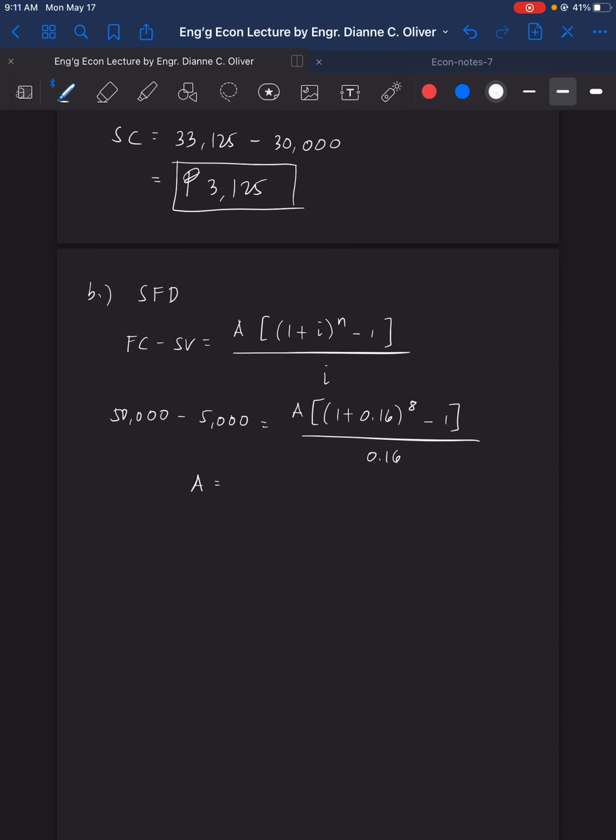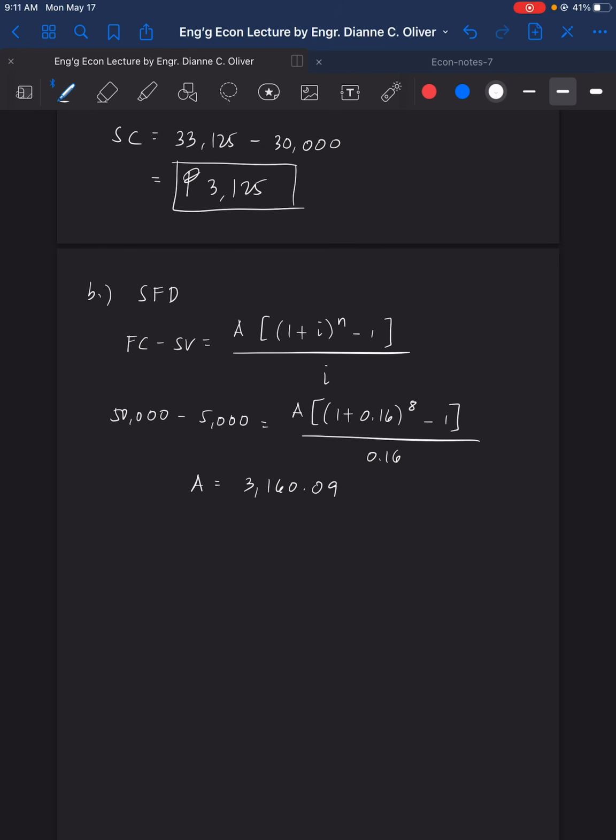So annual depreciation now here is 3160.09. So that's for the annual depreciation, annually.